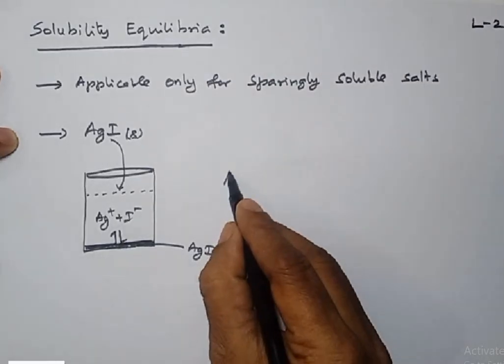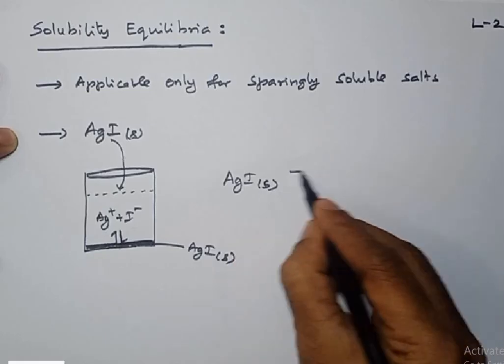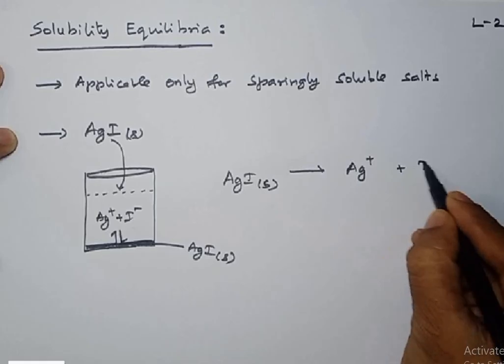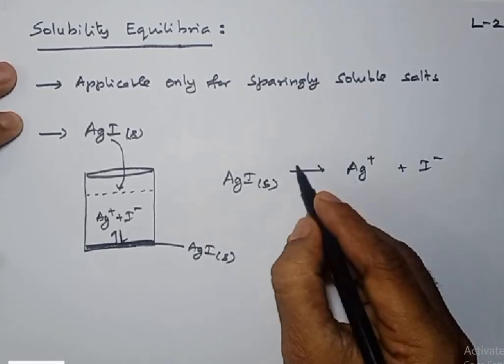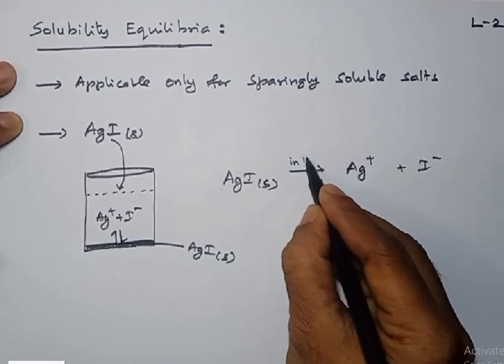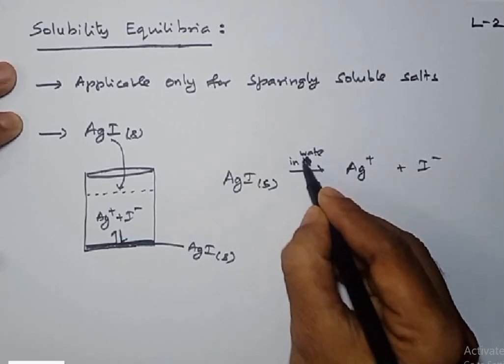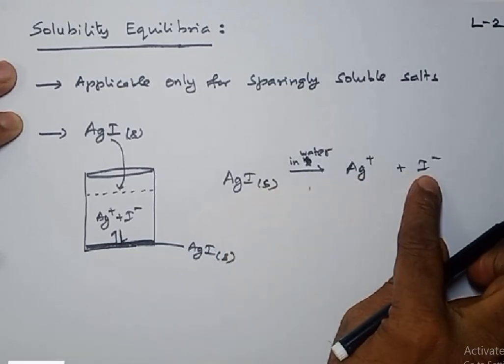So the solid silver iodide initially dissociates in water to give silver ion and iodide ion.